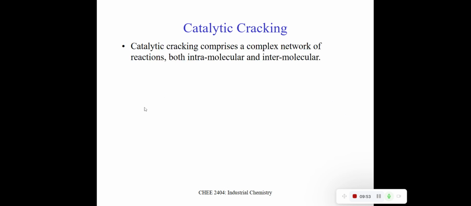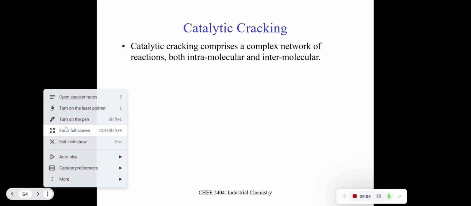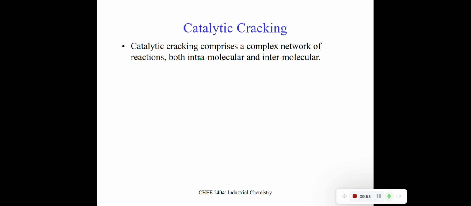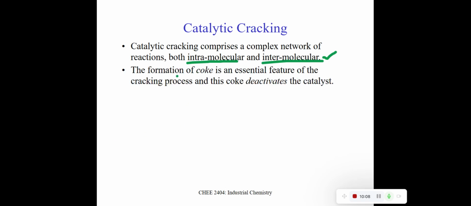As I discussed in this slide, catalytic cracking breaks the intramolecular and intermolecular complex network. The formation of coke is an essential feature of the cracking process, and this deactivates the catalyst.